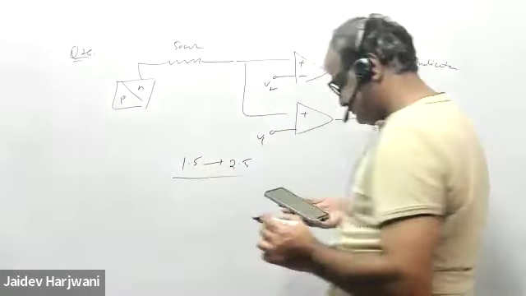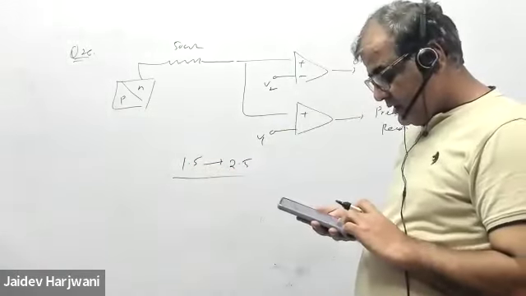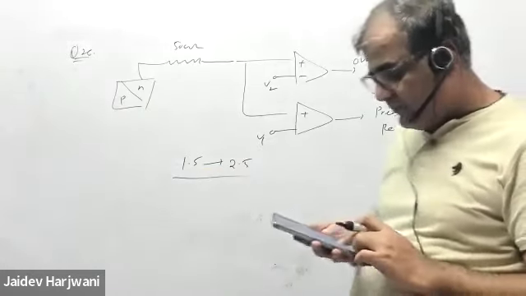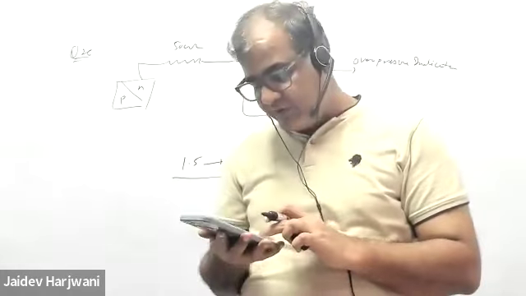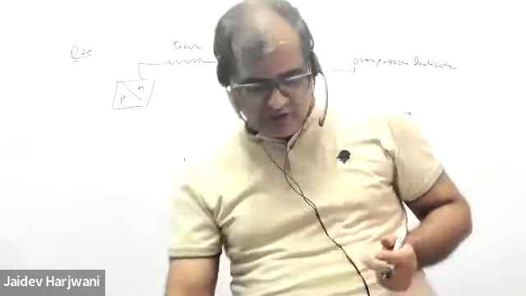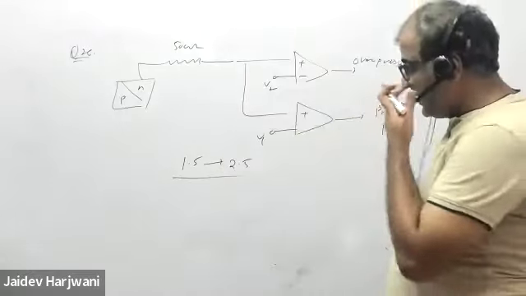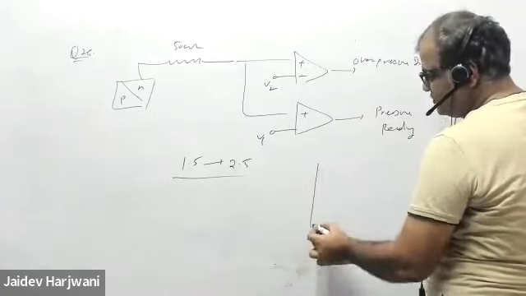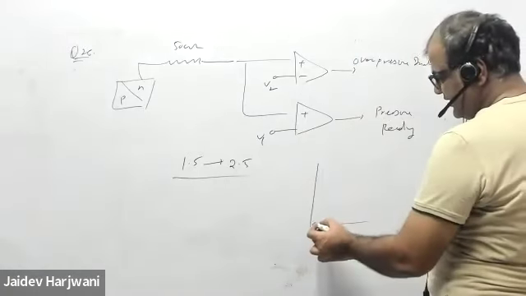This is my limit. In the experiment, the vessel is fitted with a pressure transducer that produces 4 milliampere to 20 milliampere current for pressure in the range 1 to 5 bar. So I have a transducer which produces current.